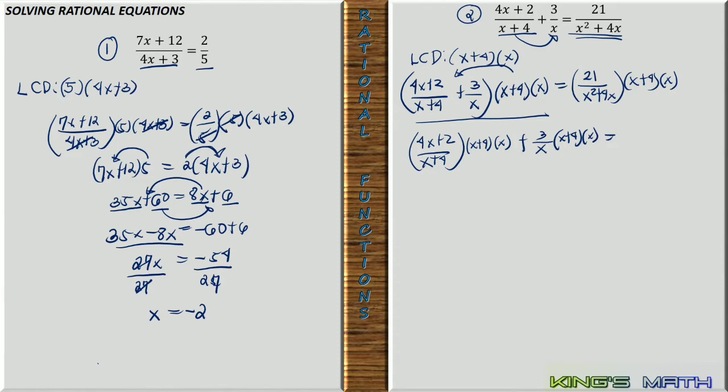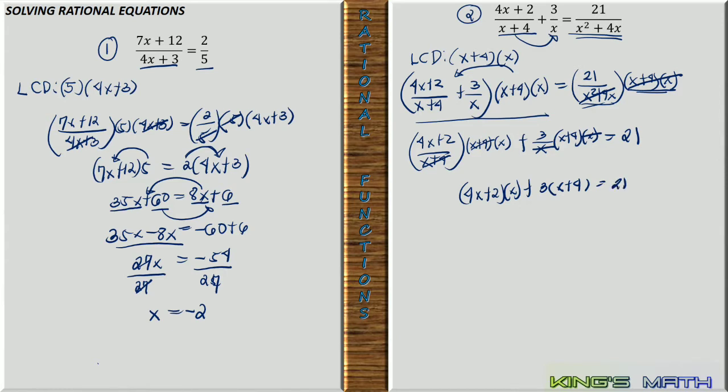On our right side, because these are equal, we're just going to cancel these two, so the remaining value will be only 21. On our left side, we can cancel this, so we have 4x plus 2 times x, plus, we can cancel this one, 3 times x plus 4, equals 21.